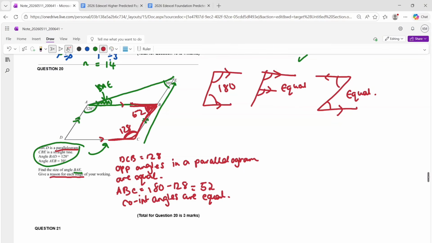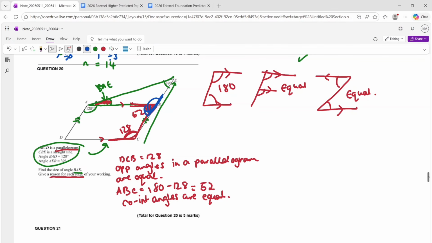So now how's that going to help me? I'm still trying to get to this angle over here, so I'm just working out as many angles as I can think of. There may be quicker ways of doing this question. Now you've got a straight line here, so you should know that these two angles here add up to 180.